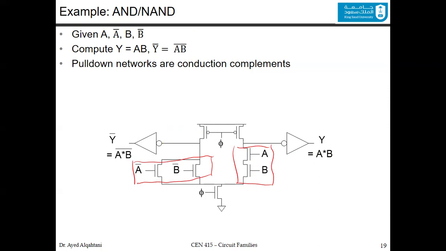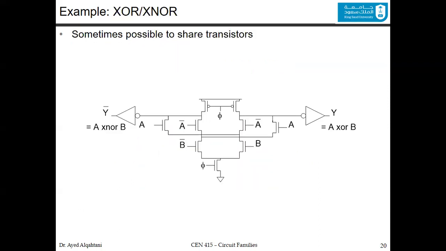Let's have another example that has another idea, which is the XOR and XNOR. So if you say that Y is A XOR B and Y bar is A XNOR B, then for the XOR, we know that Y is going to be A B bar or A bar B. For the XNOR, we know the function already that it is AB or A bar B bar.